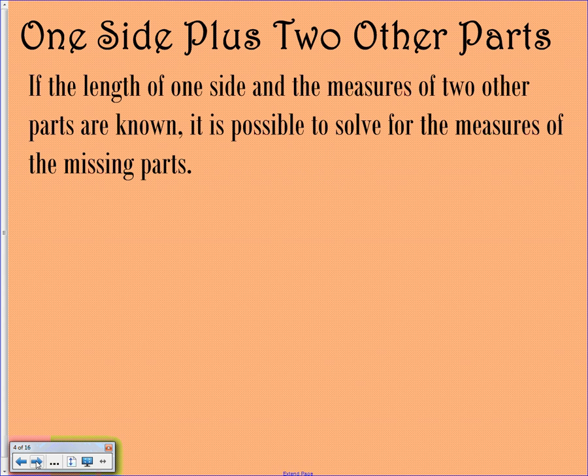So if you have the length of one side and the measures of 2 other parts are known, it's possible to solve for the measures of the missing parts. So if you have a triangle here, and you know that this is a 4, and you have a side here, and a side here, then you can solve for the 3 angles.